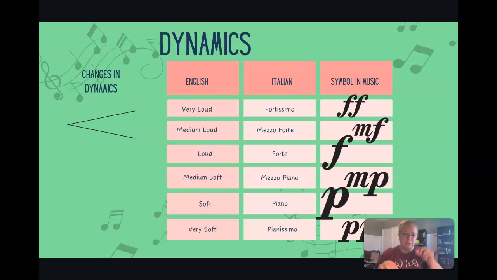As you can see, it goes from something tiny to something bigger. And that means that you are gradually getting louder in dynamics. They call that crescendo. It comes from the Italian verb crescere, which means to grow. So like flowers, the crescendo, they grow. And so if you're growing in dynamics, you're getting louder.